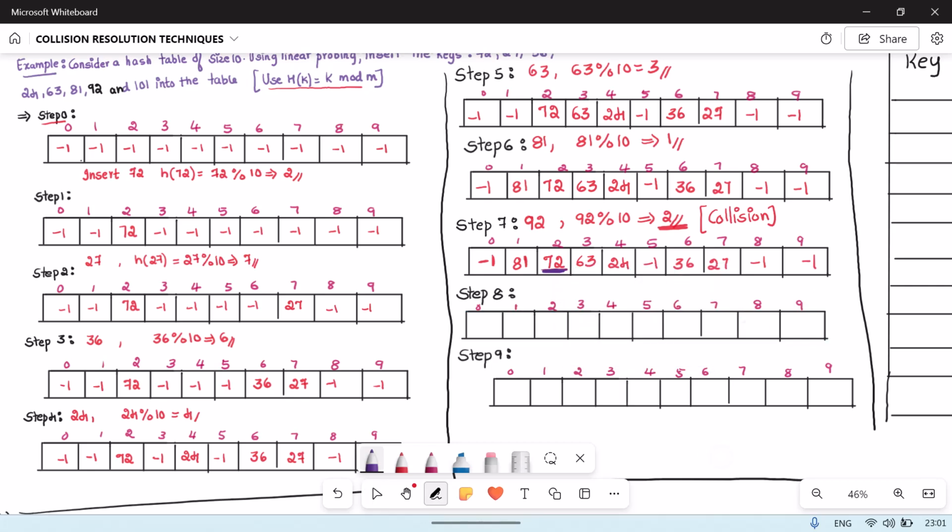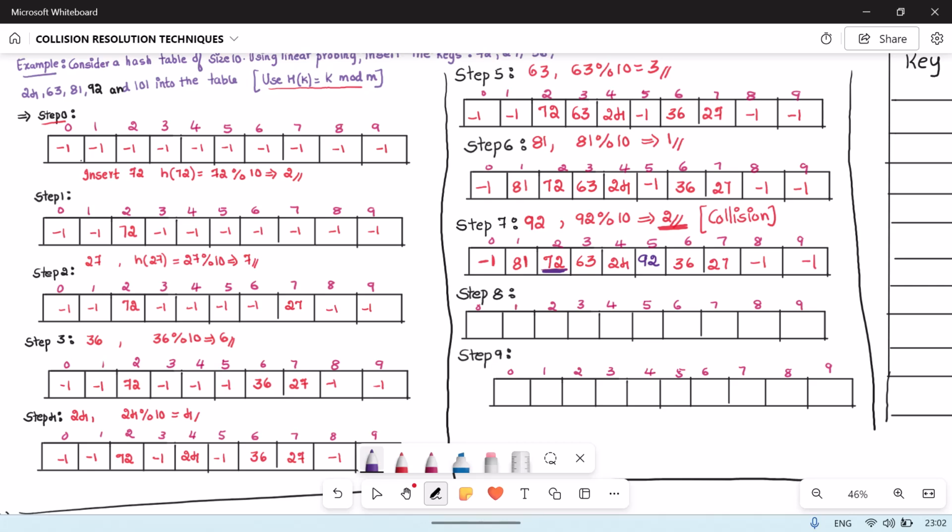As you can see, fifth is empty. Fifth is having minus 1. So this fifth position will now be replaced by the value 92. So what happens is, if there is a collision at a given position, it will go to the next position and try to place itself over there.